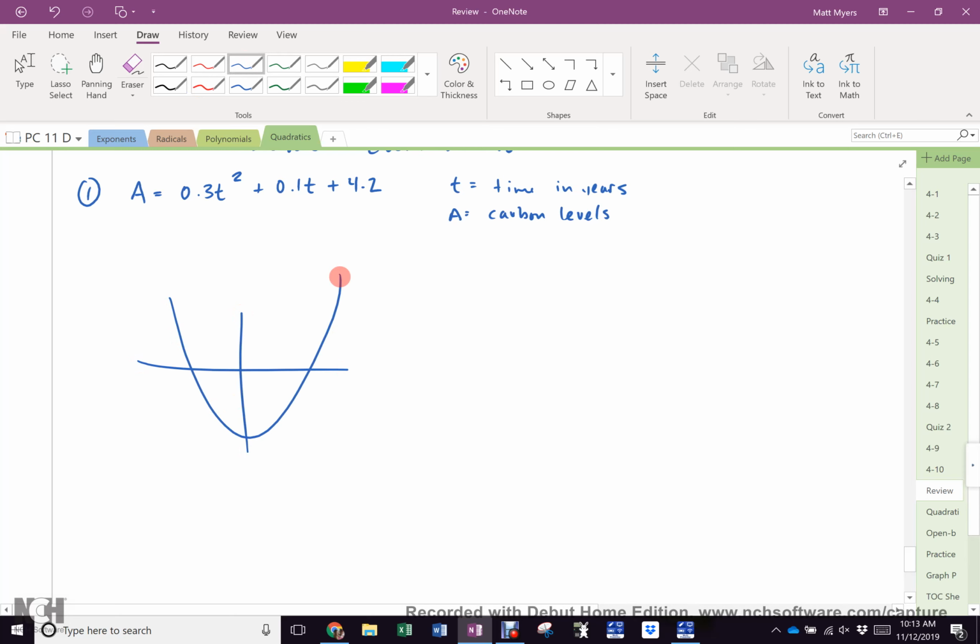Where on that parabola would you say are the answers? Pardon me? Roots might be it, or the y-intercept, right?